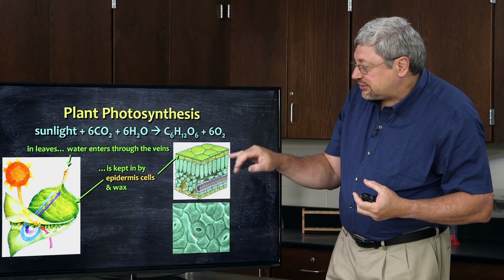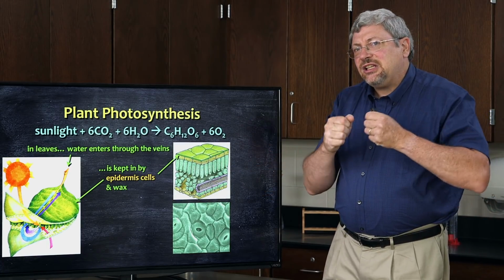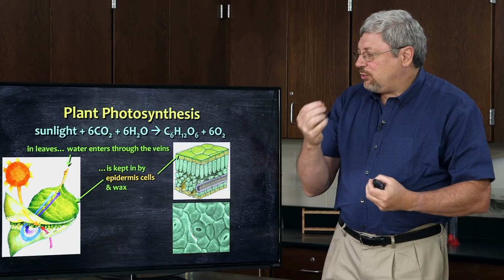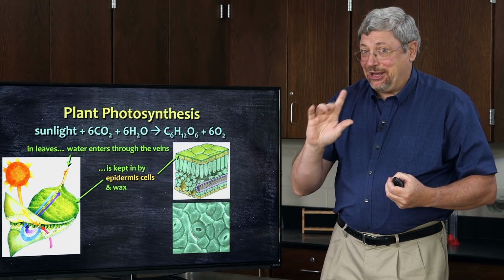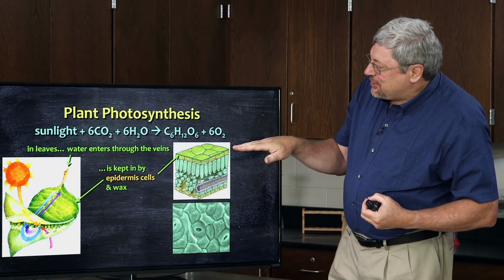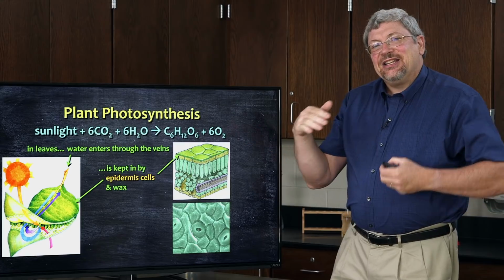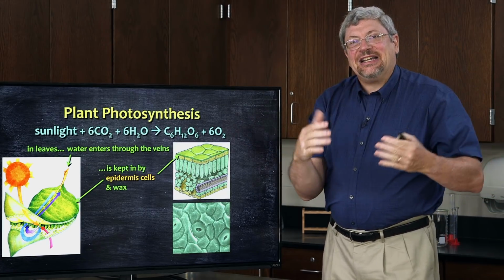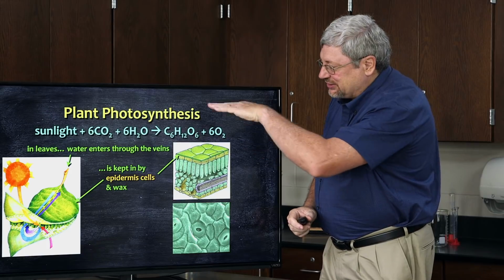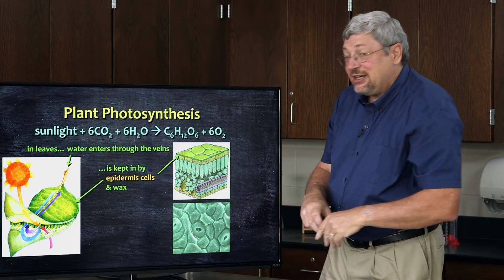But these epidermal cells are very closely knit together to prevent water from getting out. And in addition to that, there's a waxy coat superimposed on the epidermal cells, on the top side and the bottom side.